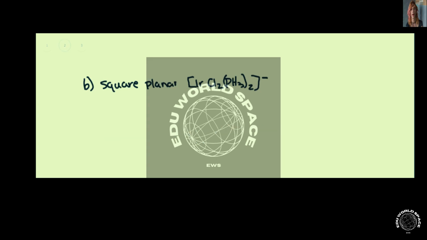For part B, we have a square planar complex, which is this guy here, and we'll go ahead and draw out one of them, where you have Cl, 2 coming out of the page, and 2 going into the page for a square planar, and you have chlorine, another chlorine, and then it's supposed to be a P, sorry.